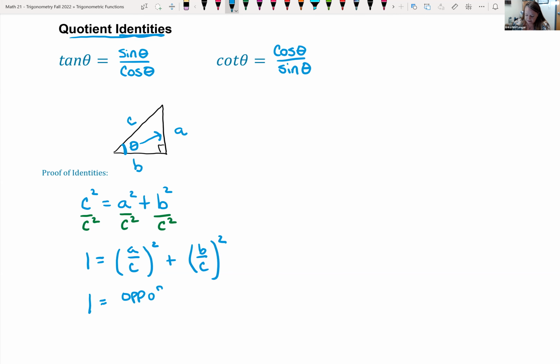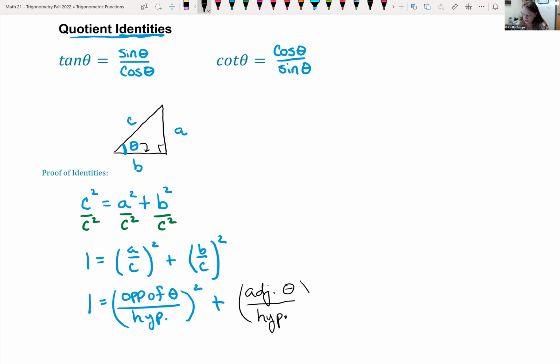of theta, all over C, which is the hypotenuse, quantity squared, plus B. So the side B from theta is our adjacent side of theta in the triangle that we created, all over the hypotenuse, which is still C, quantity squared.